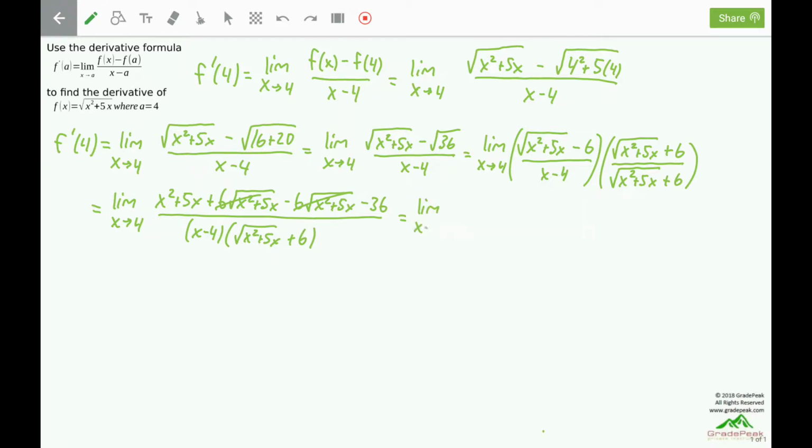So what we have left is limit as x goes to 4 of x squared plus 5x minus 36 all over x minus 4 times the square root of x squared plus 5x plus 6.